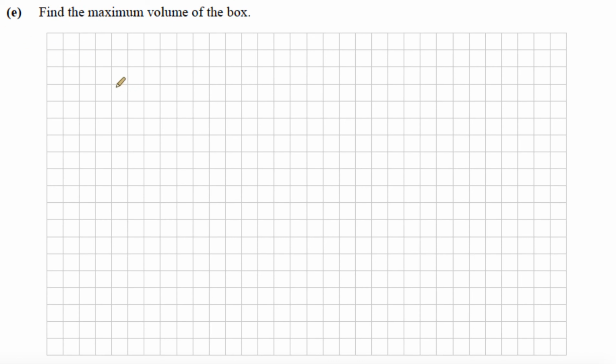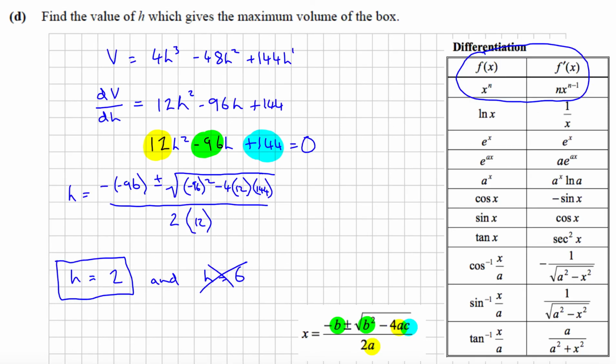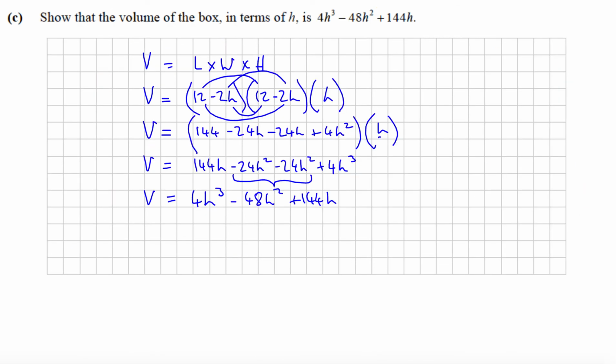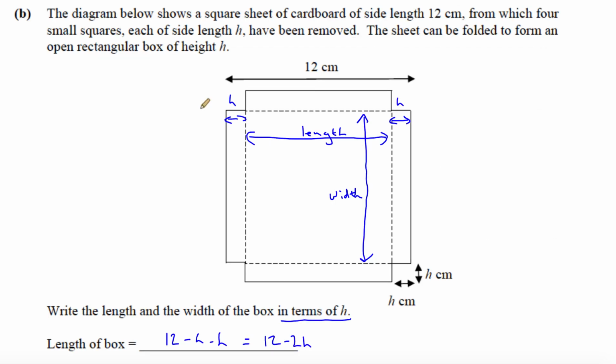And finally, part E says find the maximum volume of the box. Okay, so we know h now is 2, so what's the maximum value of the box? Well, we can see here that the volume is the length by the width by the height. And if h is 2, here you're going to have 2 for the height, that leaves 8 in here for the length and the width.